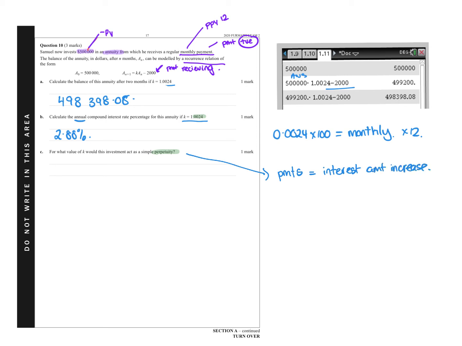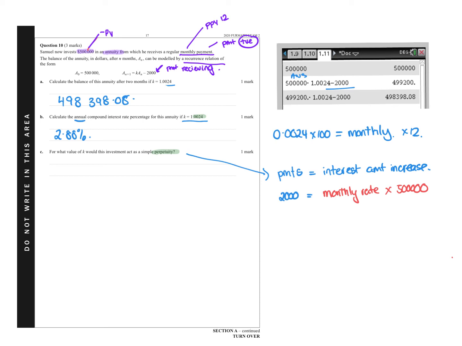We know the payment is 2,000, so we need that when we times the monthly rate by the 500,000, it equals the 2,000.